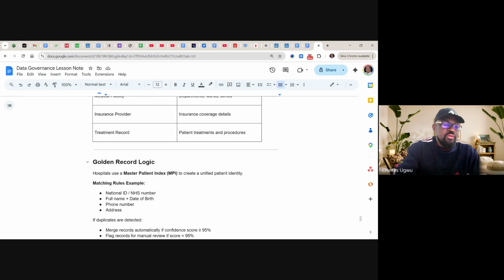That's the kind of data you want to see here. We have phone numbers, addresses. So it's a golden rule that every data must be in this. This is the standard. You see here, you see national ID.